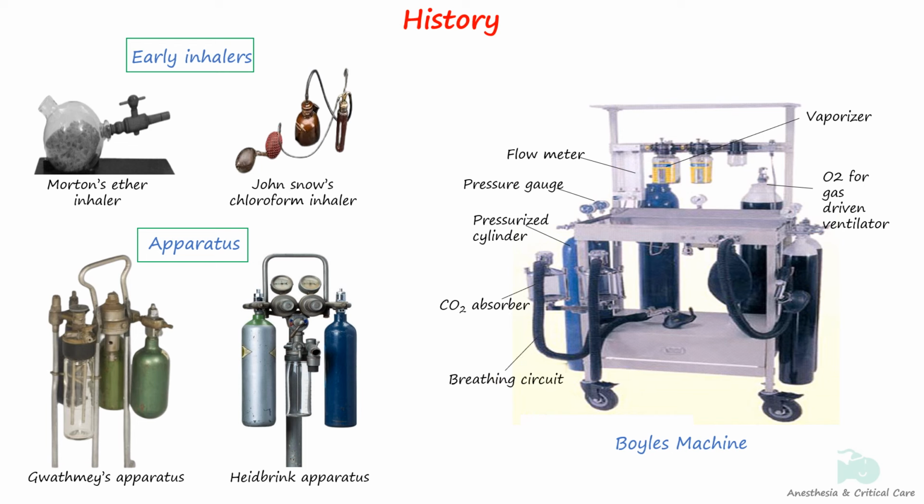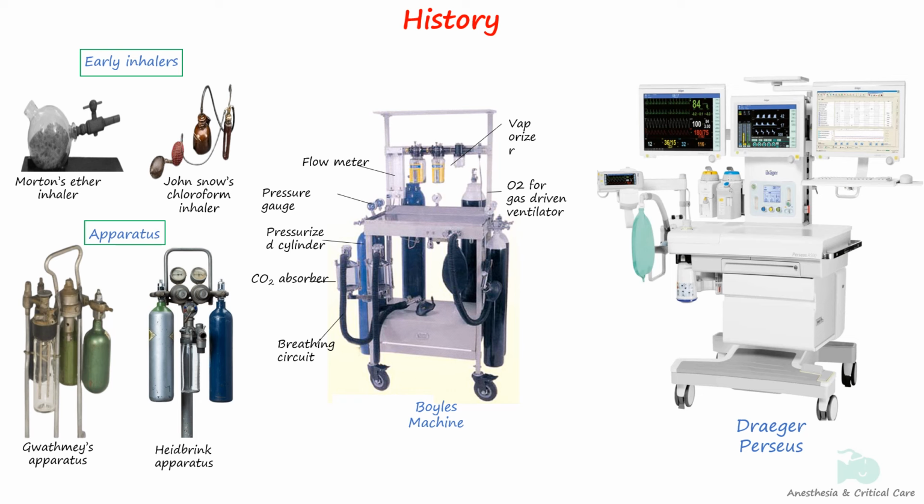The individual components of this apparatus, such as vaporizers, flow meters, and breathing circuits, underwent subsequent modifications, reshaping it into an indispensable device that we now use, the modern anesthesia machine.